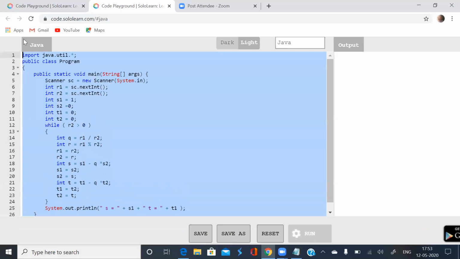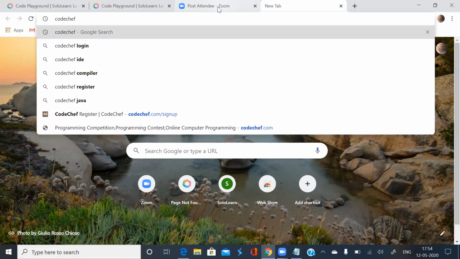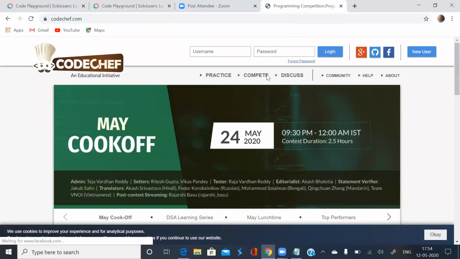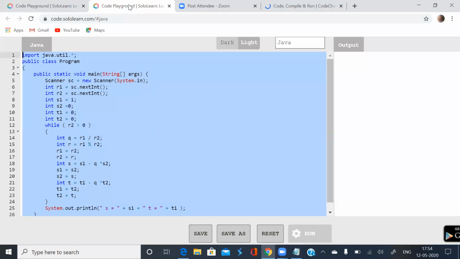Let us do one thing. Let us take this program and go to CodeChef and run it there. Practice. Integrated development environment. Any luck here?